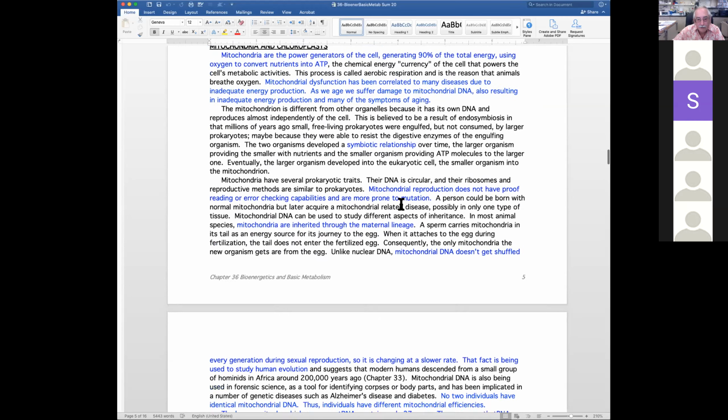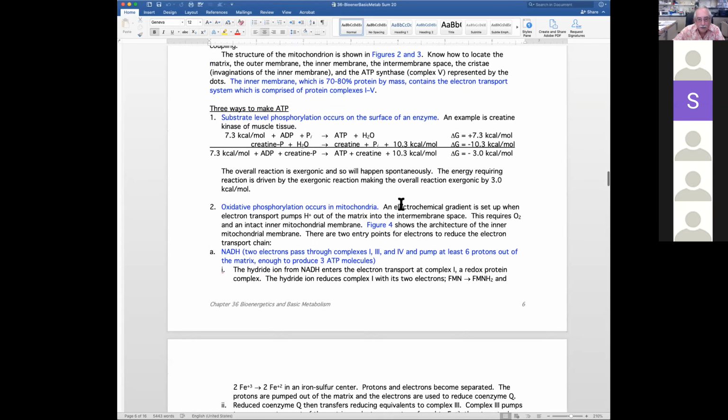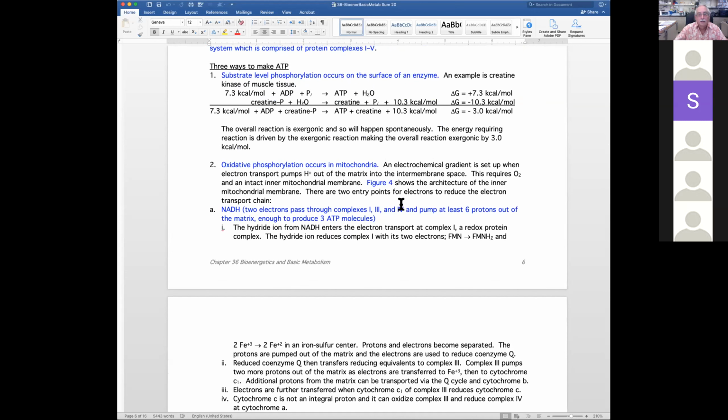So then we talked about mitochondria and chloroplasts and the different ways to make ATP. So substrate level phosphorylation, we saw that in a couple different places in the metabolic pathways that we looked at. And substrate level is meaning that it doesn't happen in the mitochondria, or I shouldn't say that.